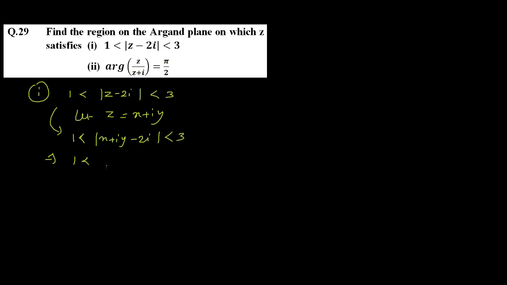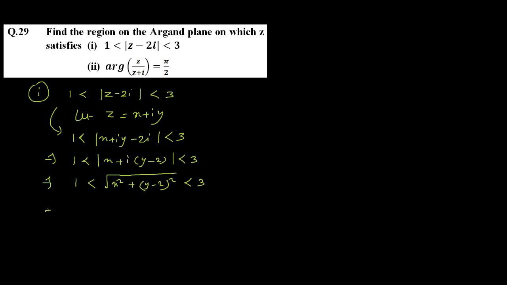That is 1 less than modulus of x plus iota, taking y common, minus 2, less than 3. That means 1 less than, so what is the modulus here? That is the square root of the real part square plus imaginary part square. So this will become 1 less than the square root of x square plus (y minus 2) whole square, less than 3.